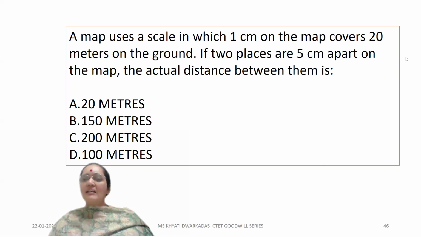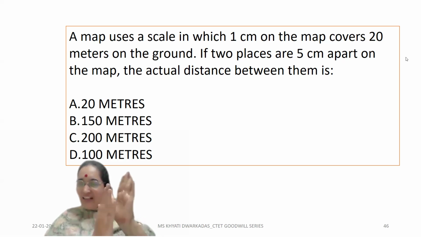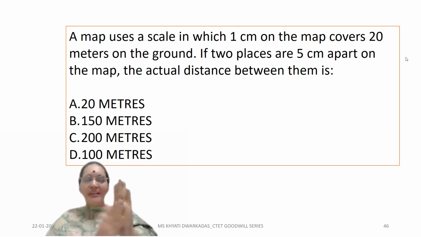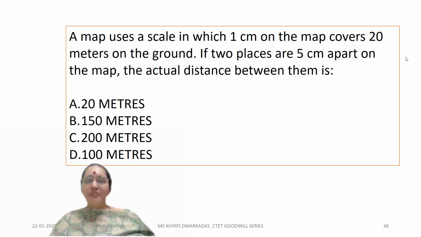So if two places are 5 centimeters apart, what is the actual difference between them? Very good, very good. All the geographers and social scientists seem to have become mathematicians. Congratulations. Brilliant answers. Come on, catch up. Beautiful, beautiful.